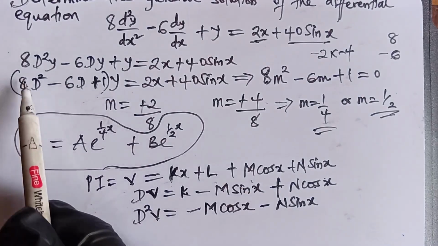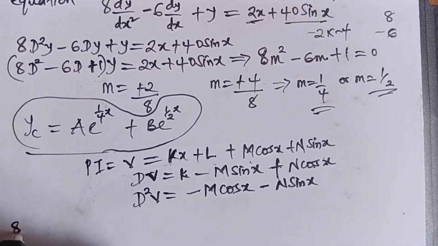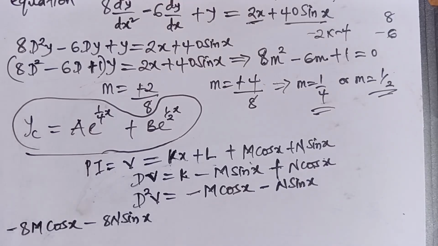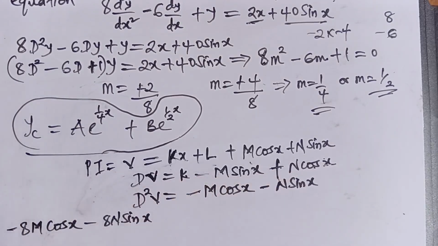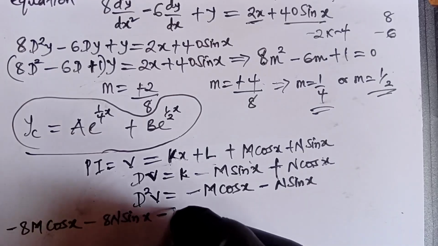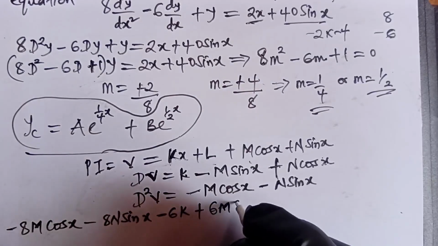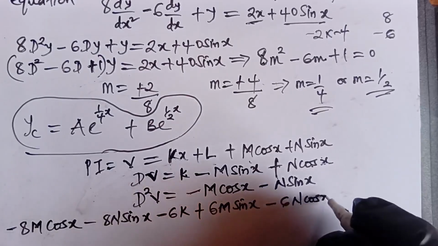Let's substitute. So we have 8 multiplying everything in D squared v, you know how it has been. As a matter of fact, I can just go straight and say minus 8m cos x minus 8n sine x. Then use this minus 6 times everything in the first derivative: minus 6k plus 6m sine x minus 6n cos x.